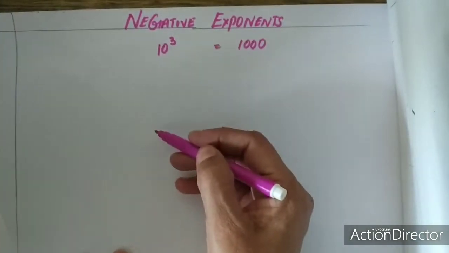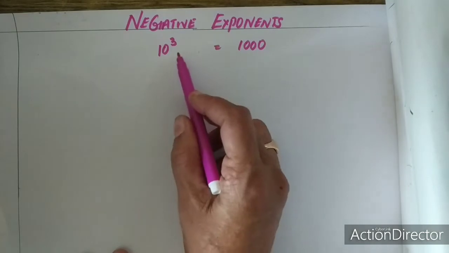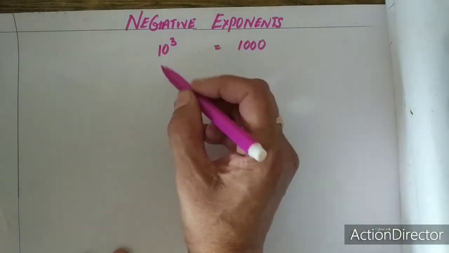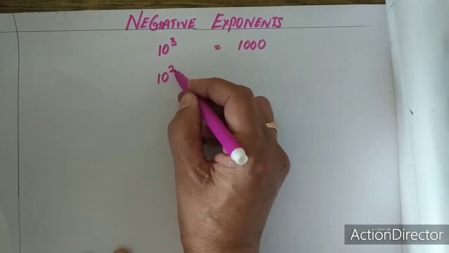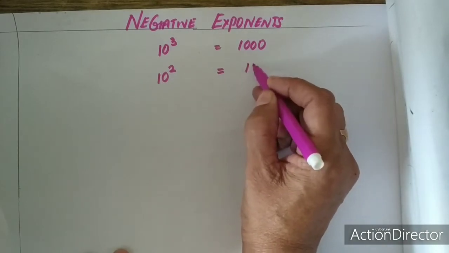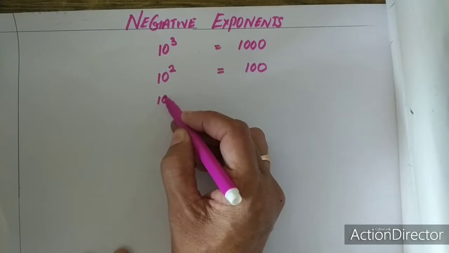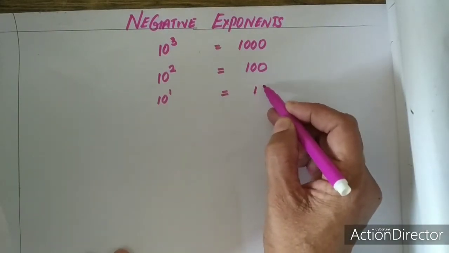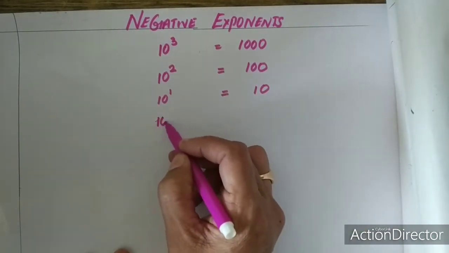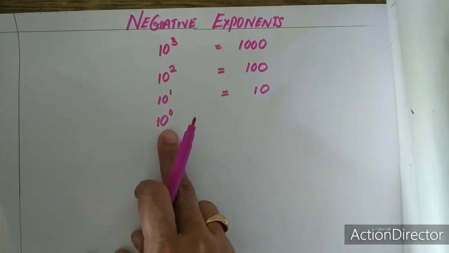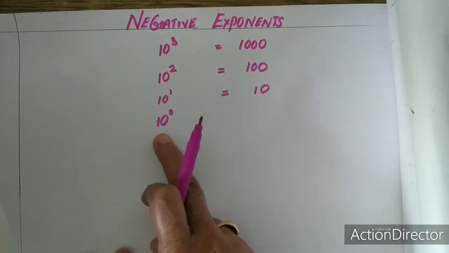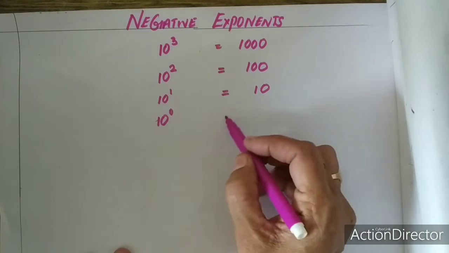If I go in descending order, dividing 10 power 3 by 10, it becomes 10 power 2, which is 100. After 10 power 2, descending order gives 10 power 1, which is 10. Next is 10 power 0. Just now we saw that any number raised to the power of 0 is equal to 1.